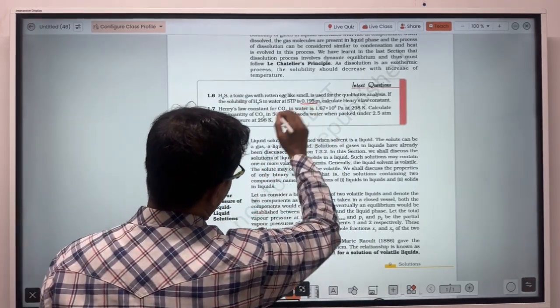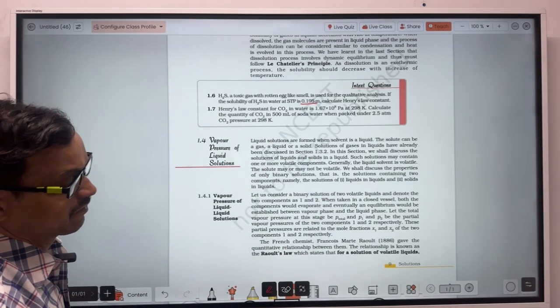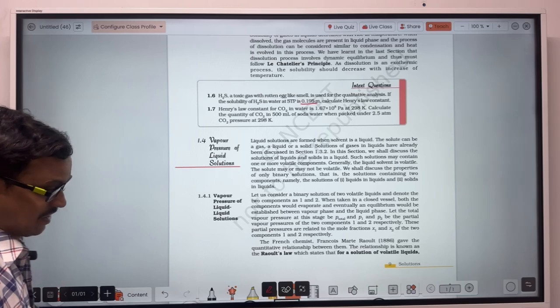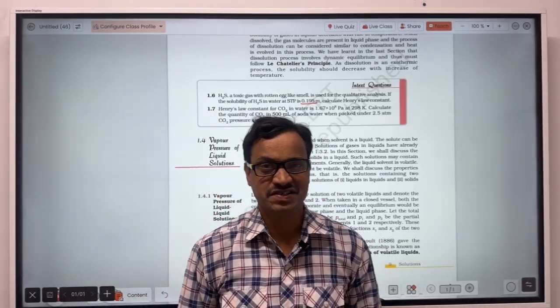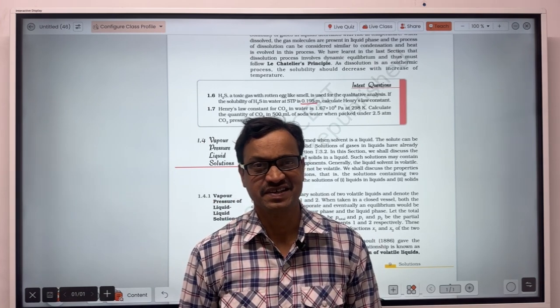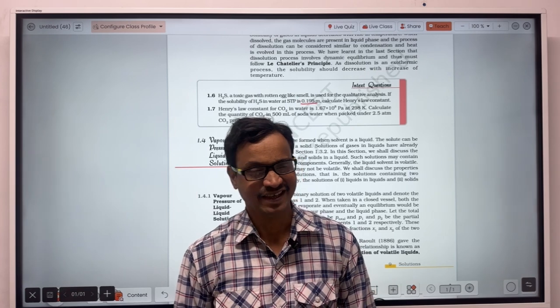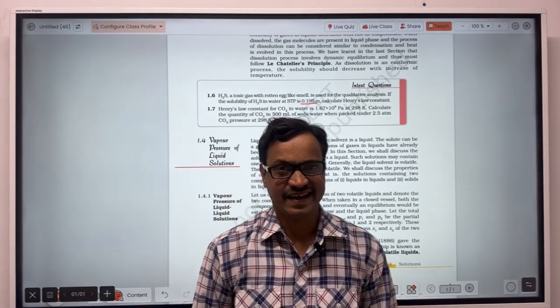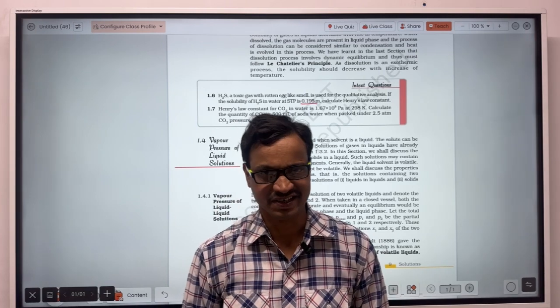Molality is 0.195 molal. What is the meaning of molality? That is how many moles of solute are present in 1 kg of solvent. Here the solute is H2S and the solvent is water.